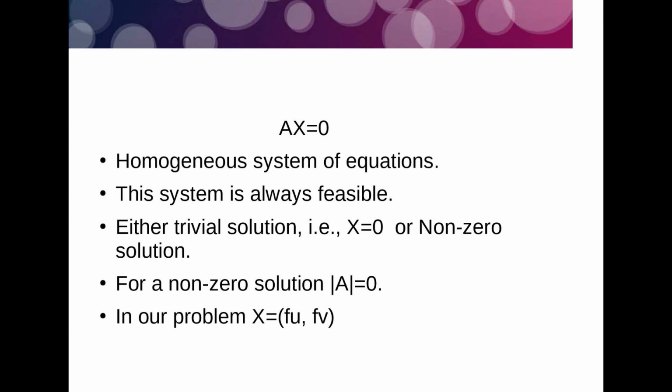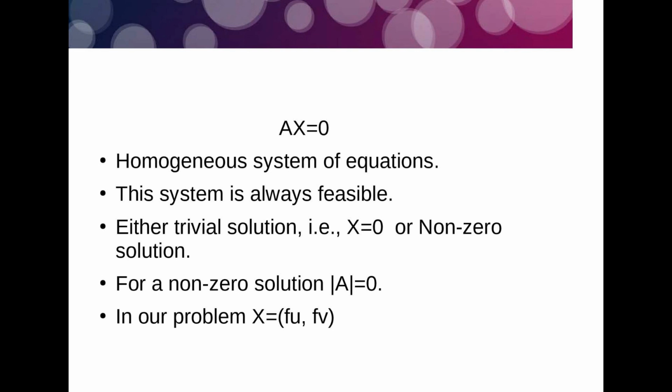And I said that at least one of them, f of u and f of v, is non-zero, because if both are 0, then f will be a constant function and we don't have any surface. So if we talk about this homogeneous system, we can represent equation number 2 and 3 in the previous example as this homogeneous system, and we are saying that it has a non-zero solution.